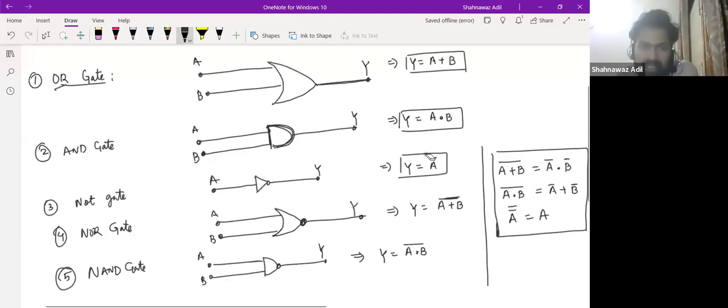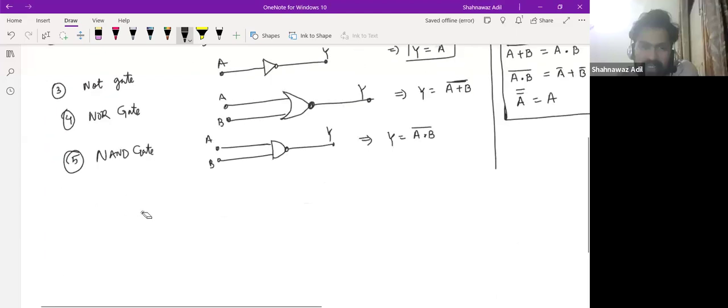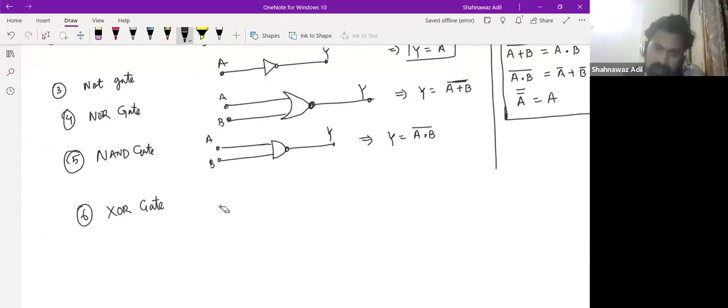And how do we make the truth table? That I told you guys yesterday. I was seeing the question, and you have the XOR gate also. It is denoted by something like this, and the output is A plus B in a circle.